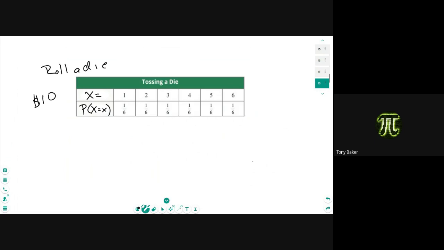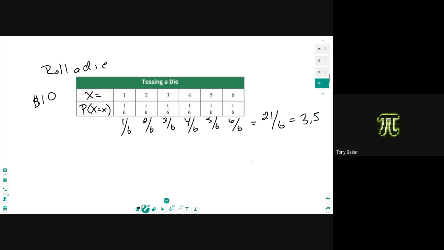I got 3.5. Mm-hmm. So we got 1/6, 2/6, 3/6, 4/6, 5/6, and 6/6, which is 21/6, which is 3.5.